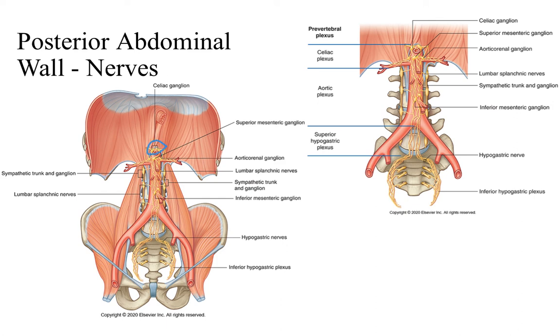As far as posterior abdominal wall nerves go, you have these ganglia, which are collections of cell bodies that run along the aorta here. In fact, if you were to do a dissection and look down at the aorta, there would be a whole bunch of what looks like connective tissue sitting on the aorta, blocking some structures, and that would be part of this celiac and superior mesenteric ganglion, as well as sympathetic trunk ganglion, inferior mesenteric ganglion.